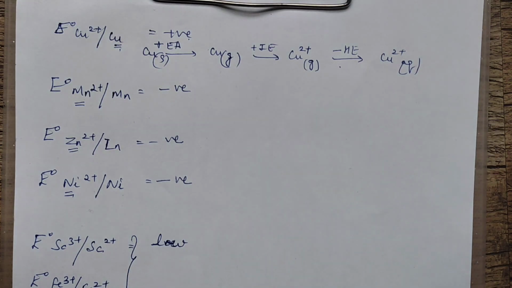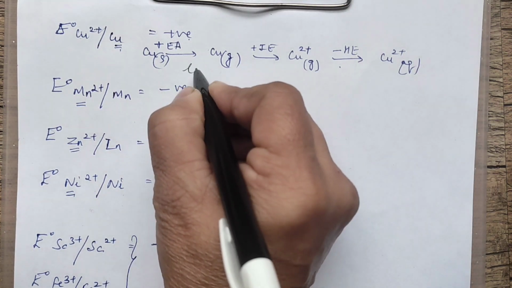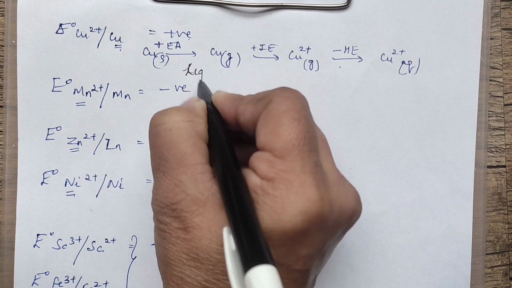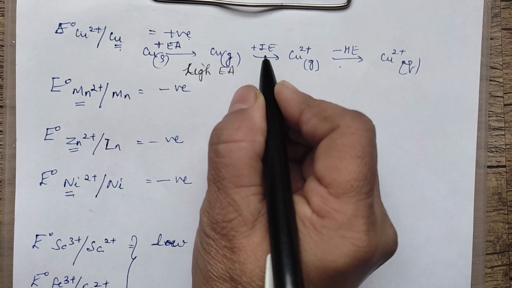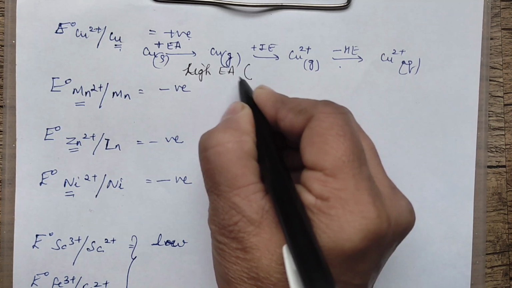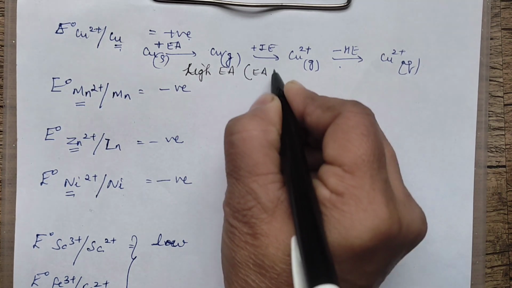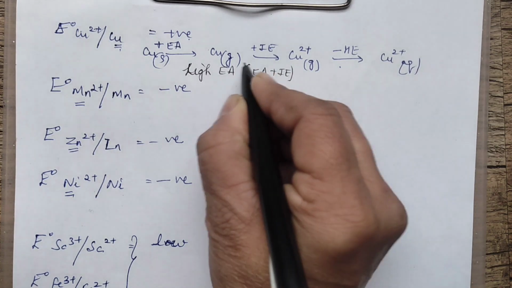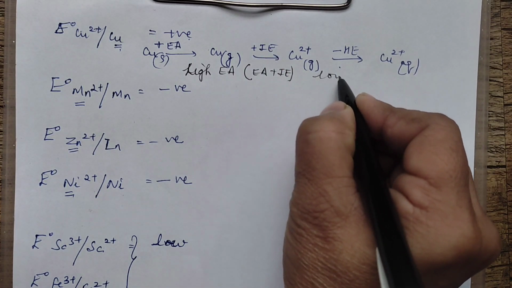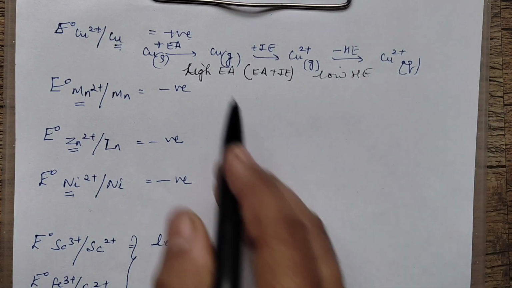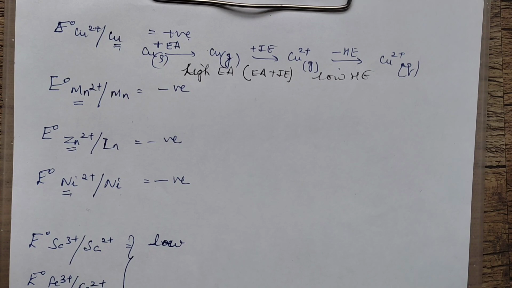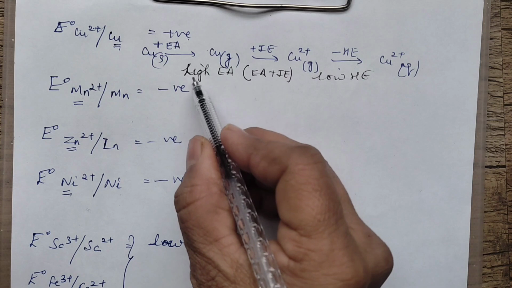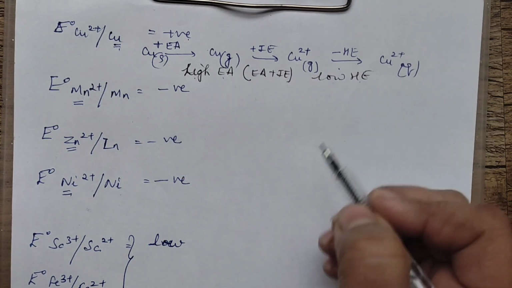So for copper you will be writing, it is high enthalpy of atomization, or in other words we can say more sum of enthalpy of atomization and ionization, this positive value is more, and low hydration enthalpy. Every time I'll not write down this whole state change, so I'll just write in terms of the energies. So for copper, why it is positive? Because of high enthalpy of atomization and low hydration enthalpy.